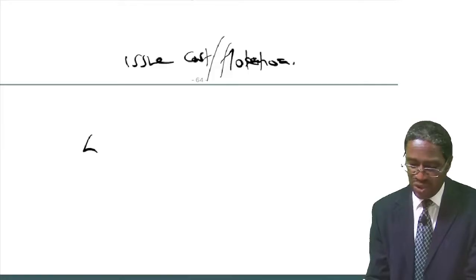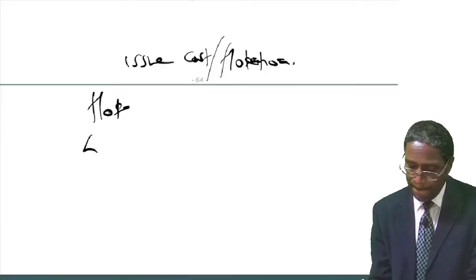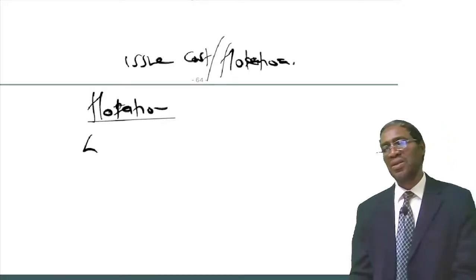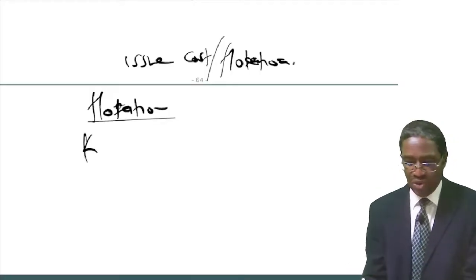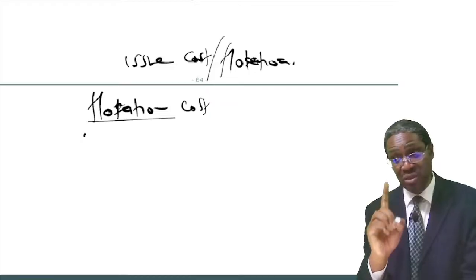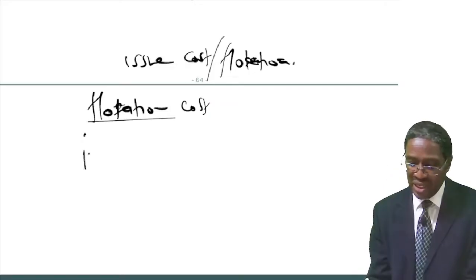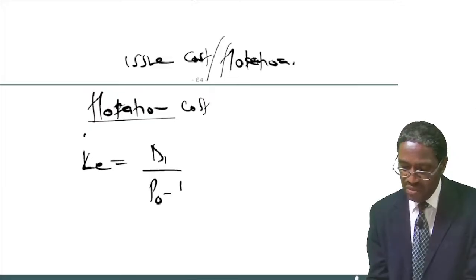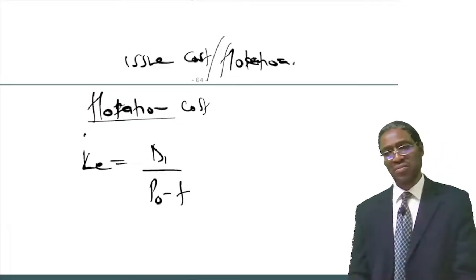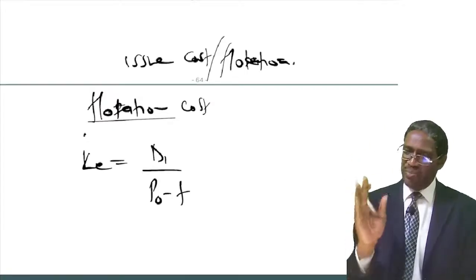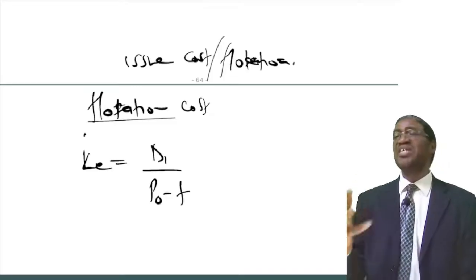So if there is a flotation cost, then to compute the cost of equity, where there is flotation cost, to compute KE, this is flotation cost we are trying to incorporate. Okay, so I'll take KE equals D1 divided by P0 minus F. Listen, I told you, D divided by P is the same as the dividend yield.